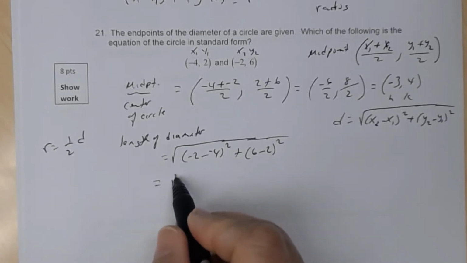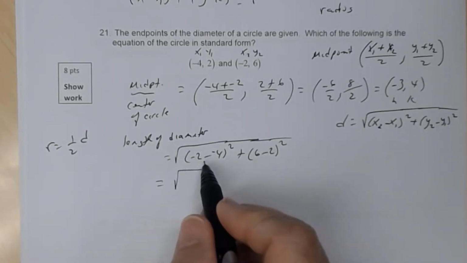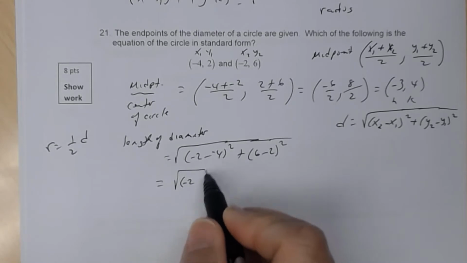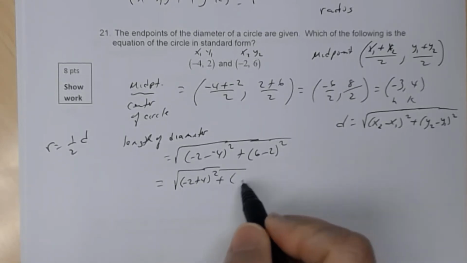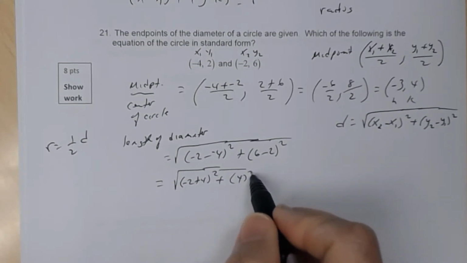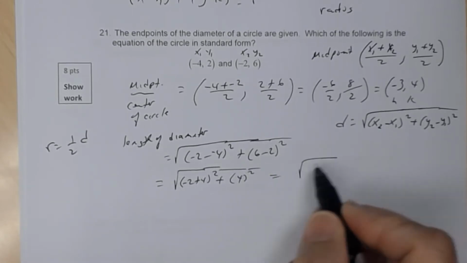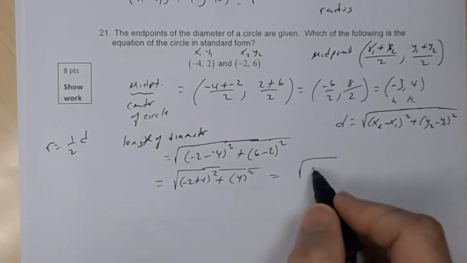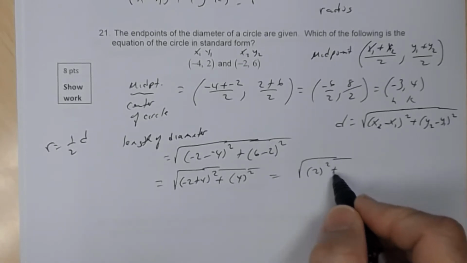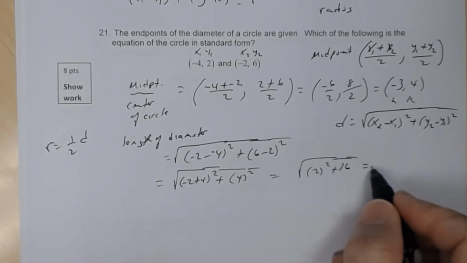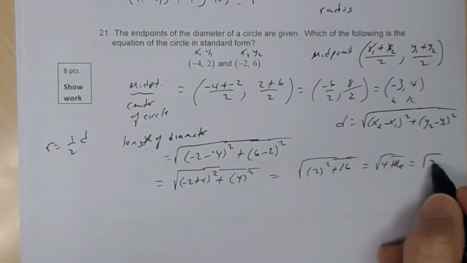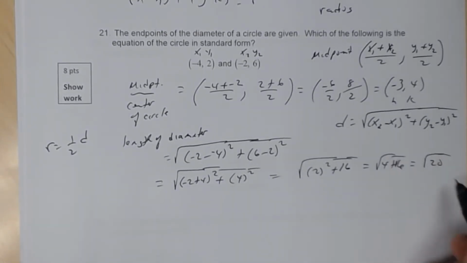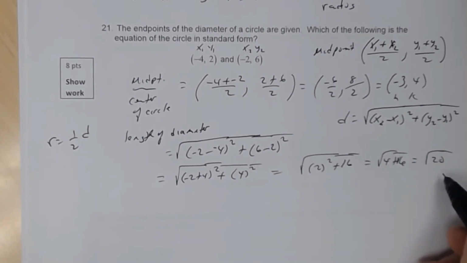So this becomes the square root of -2 plus 4 squared, and then 6 minus 2 is 4, 4 squared. So that becomes the square root of -2 plus 4 is 2, so it becomes 2 squared plus 16. So that becomes 4 plus 16, which is the square root of 20. All right, so that's what I get there, it's the square root of 20.